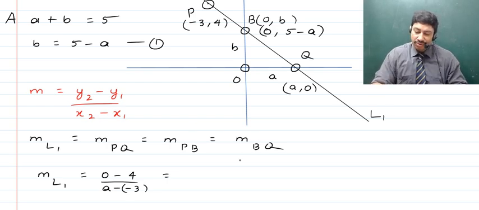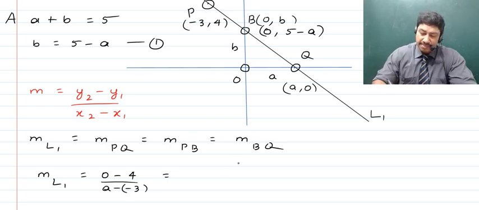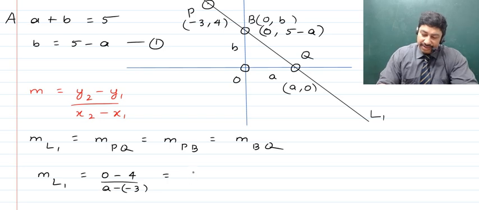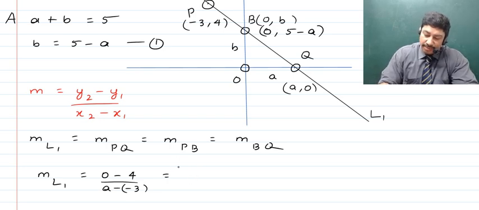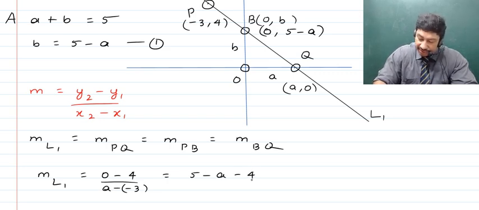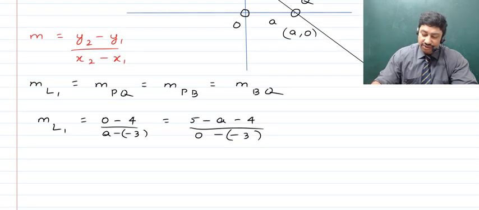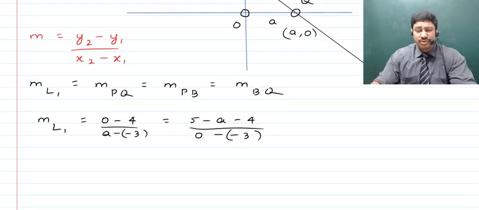So let's talk about the slope of PB, right? And the slope of the line PB will become equal to 5 minus A, considering it to be the second coordinate, minus 4, and in the denominator we now have 0 minus minus 3, right? Now children, we will solve this, as this is just an equation in one variable, that is A, right?